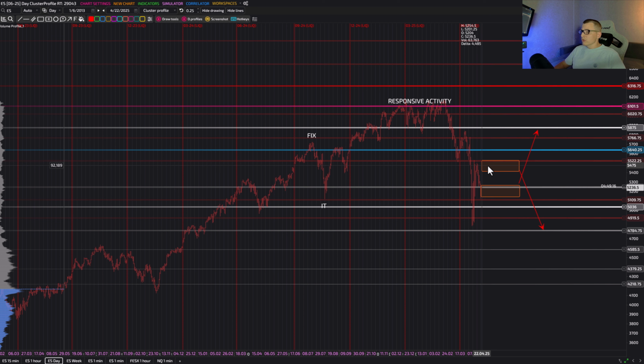And here we also have two scenarios. The first scenario of this auction is this. The auction can move the price till this level and build up a bias responsive activity. Or, which is more logical in the current situation, it can bring the price up to this level and form a third segment.